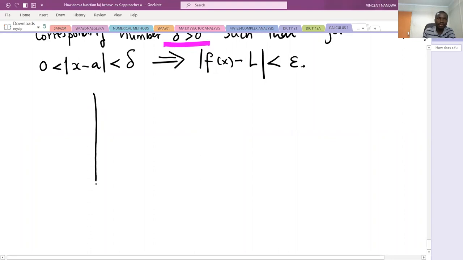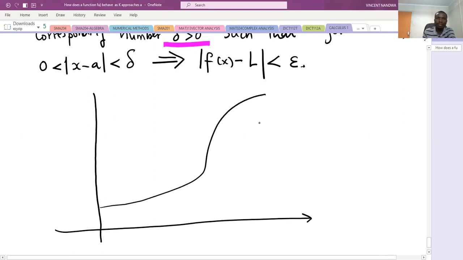So if you draw a graph, assume this is the function of interest. This is an arbitrary function, y equals f of x.